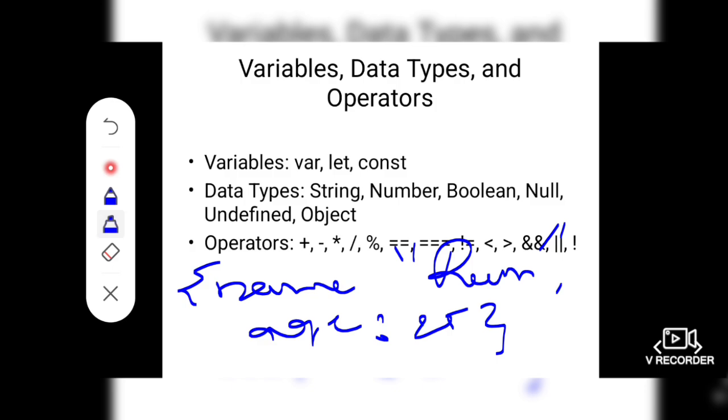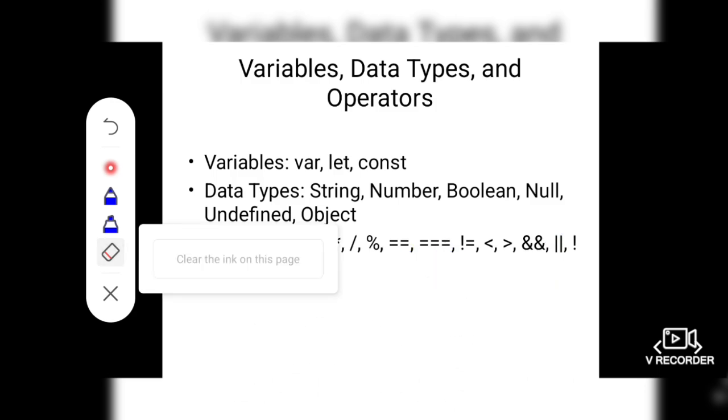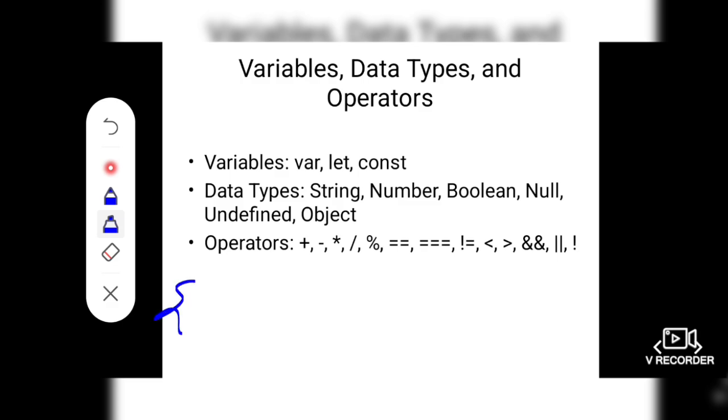We have to use a colon here because we are assigning. So this is an object. You all know about arrays also. We define an array like apple, banana, cherry, some fruit names.